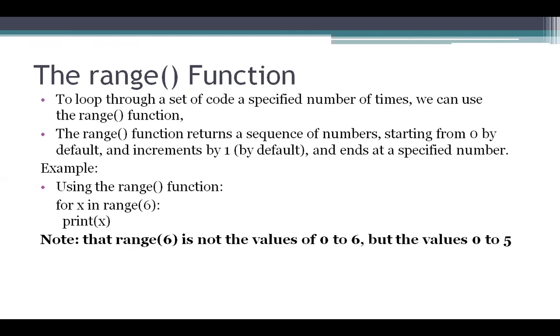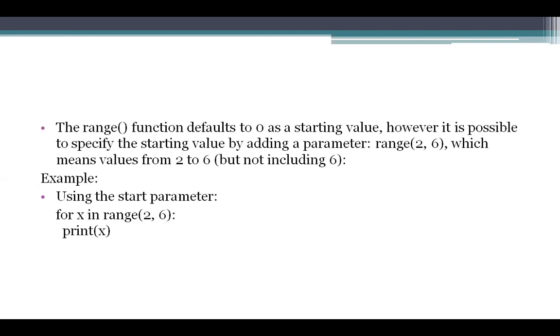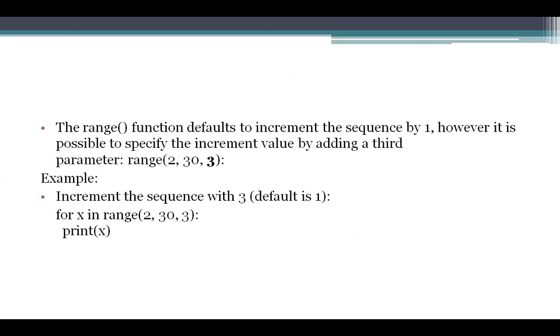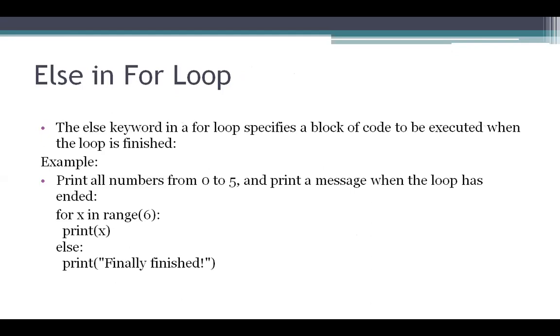And the third parameter is the incrementing value. So the first and the last are optional. The middle one is compulsory, we have to provide it. Here we have given the initial value as well as the range, and here the initial value, range, and increment we have provided.